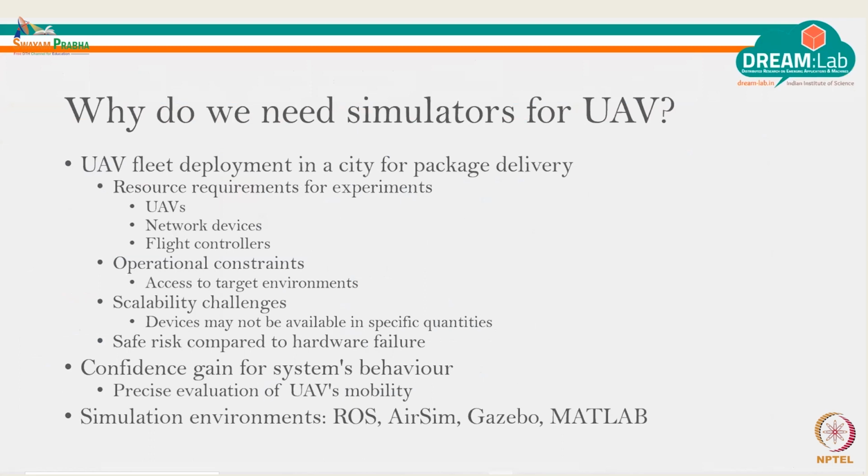Let's take one example of UAV fleet deployment in a city for package delivery. The first constraint comes in the form of resources. We'll have to buy UAVs, then network devices, then the flight controllers and all of these things. Second comes the operational constraints.